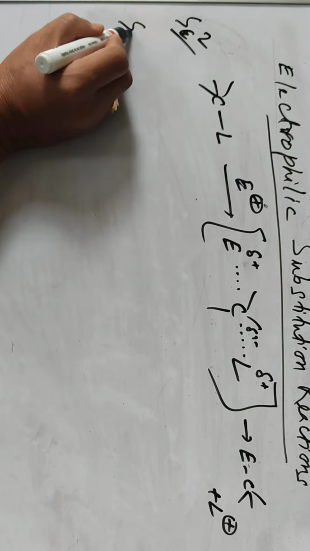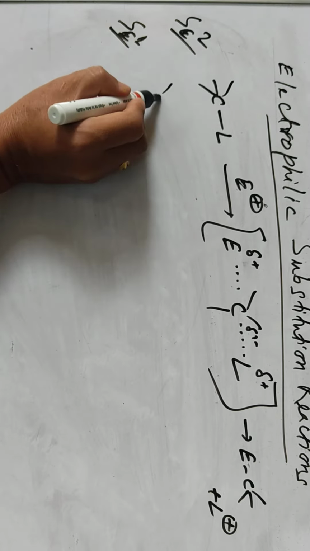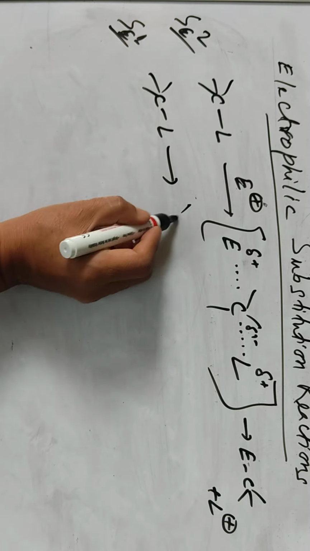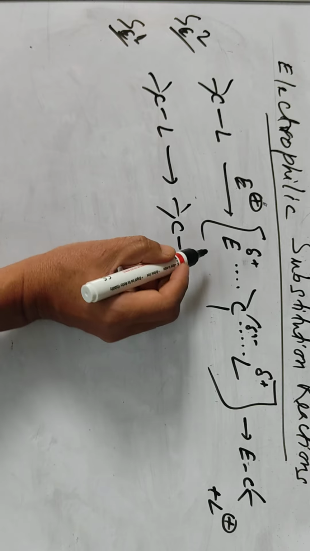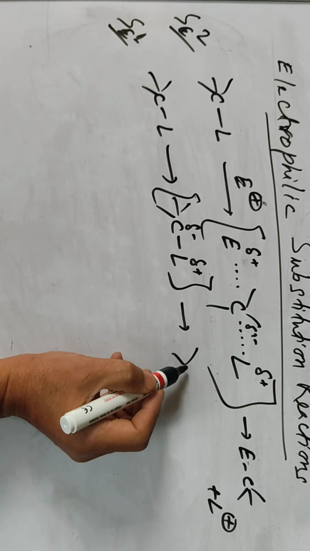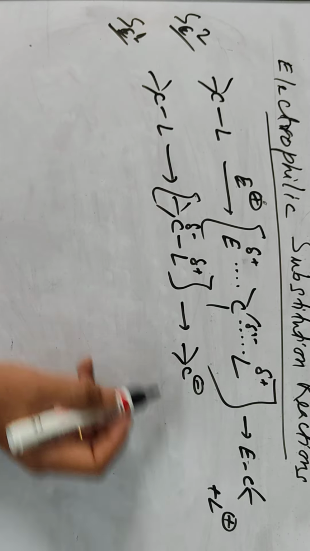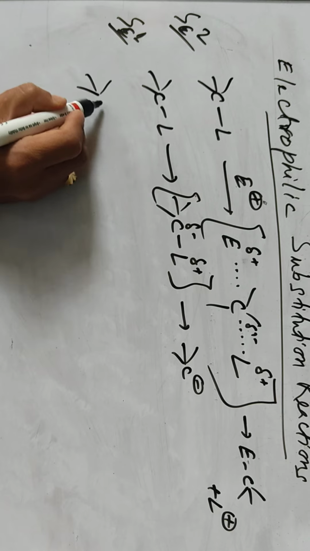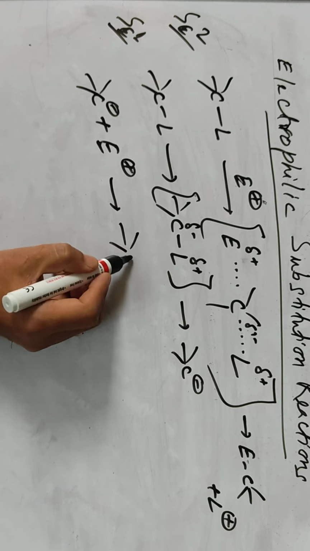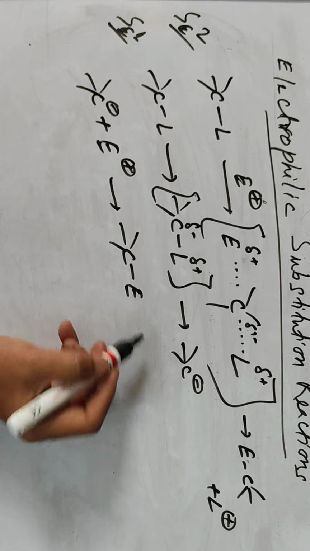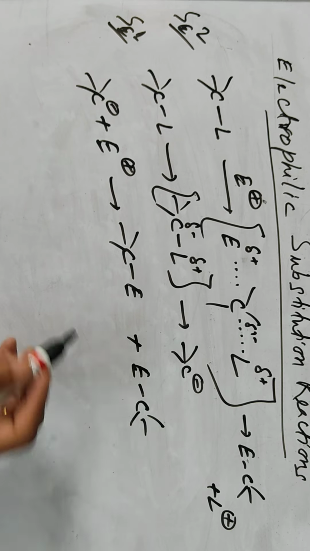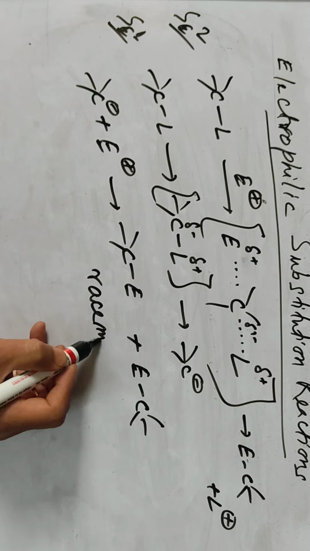Similarly, SE1 can also be represented. This is the same leaving group, and the first step is formation of a carbanion, an intermediate. Then in the second step this carbanion reacts with the electrophile E positive, giving a racemic mixture, so it can attack from this side, and there is also inversion or retention.